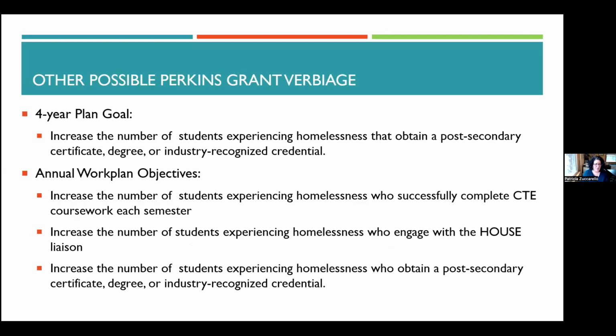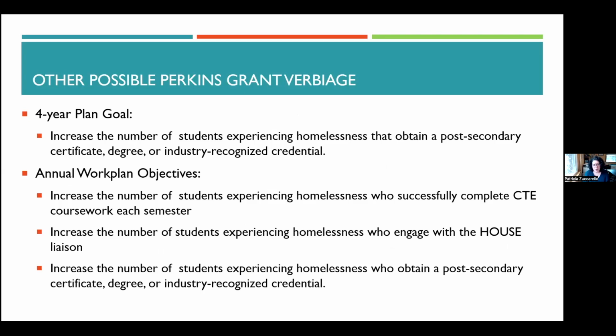And then the other thing I wanted to put on your radar when it comes to Perkins is that the folks who are doing the Perkins grant do want to be thinking about how all of these supports impact the outcomes for students. Some of you heard the webinar we did last week about inputs, outputs, and outcomes.